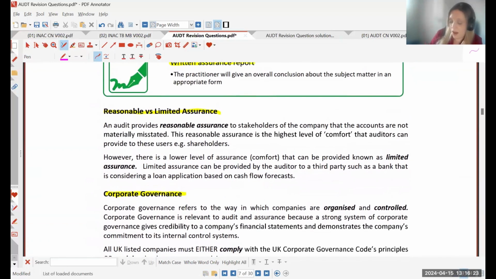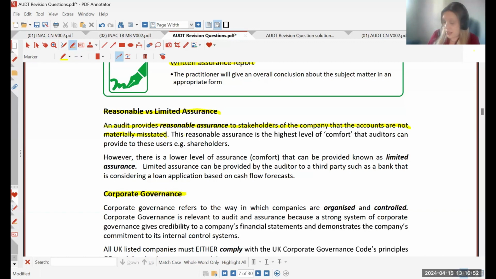So you need to be able to explain this in a written question and pick this out of a multiple choice question. So your reasonable assurance and your limited assurance, 2 really key things. So an audit that provides reasonable assurance to stakeholders of the company that the accounts are not materially misstated.